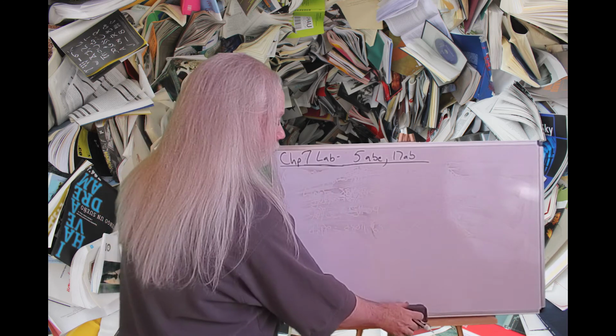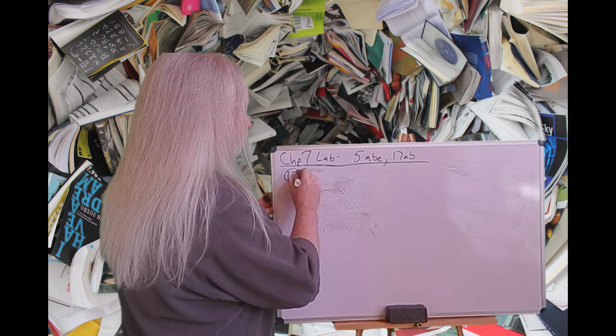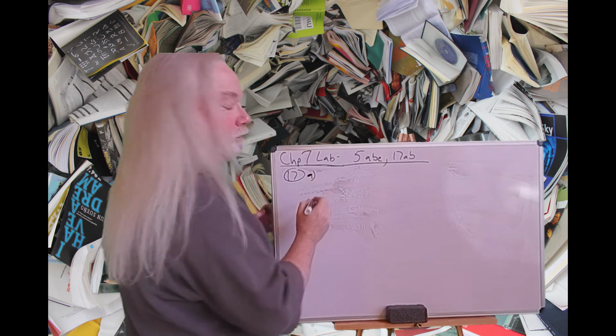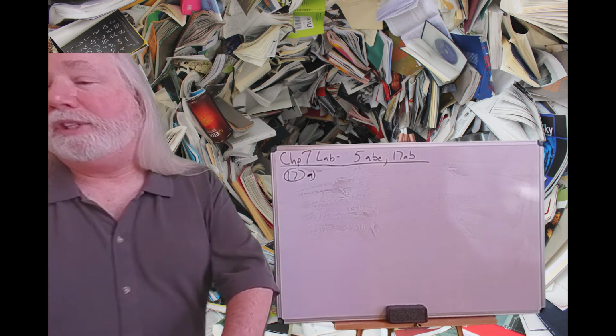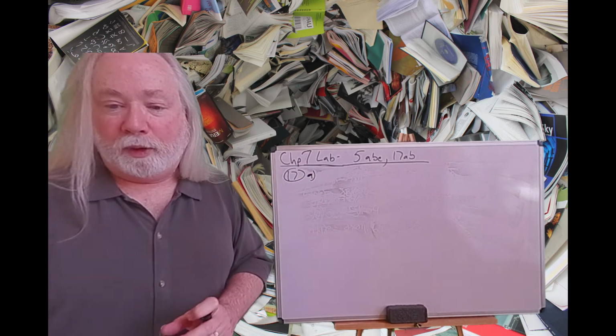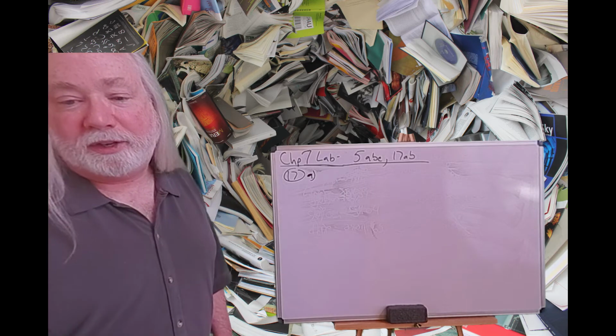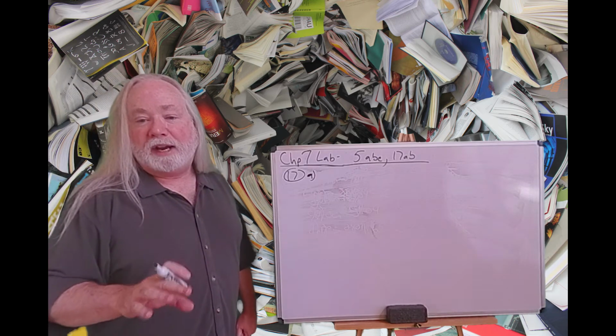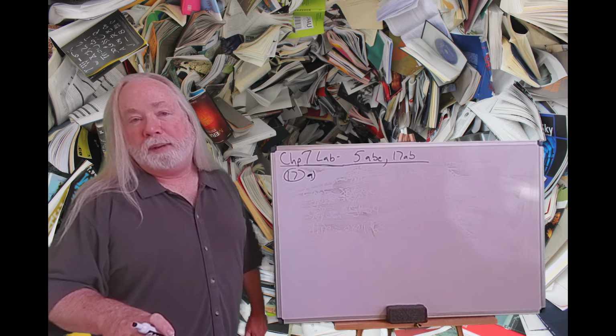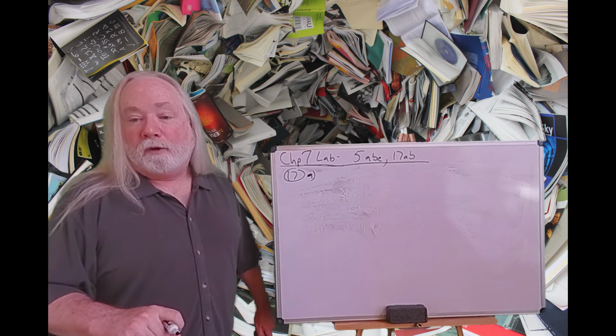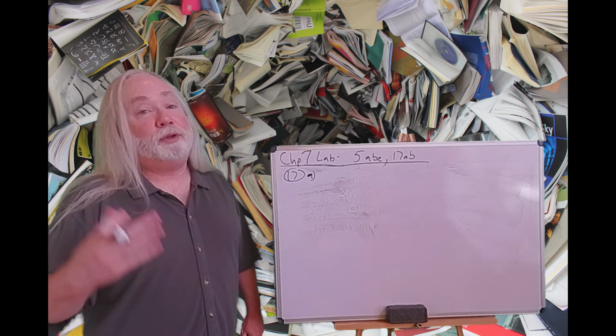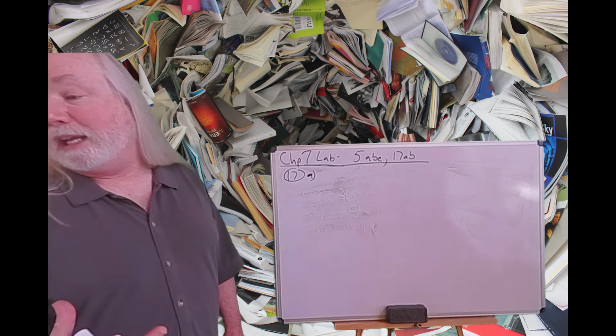17, A and B. So 17 says, for a population mean of 72 and a standard deviation of 10, what is the standard error of the distribution of sample means, what's standard error, of the following sample sizes? So it's literally just doing the same thing again.